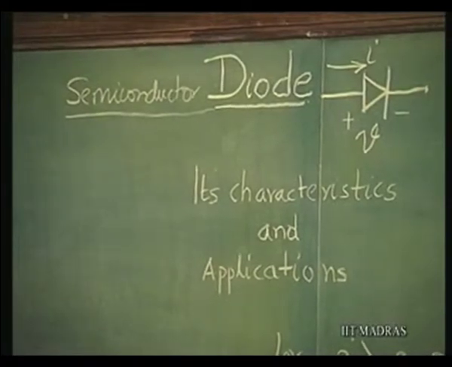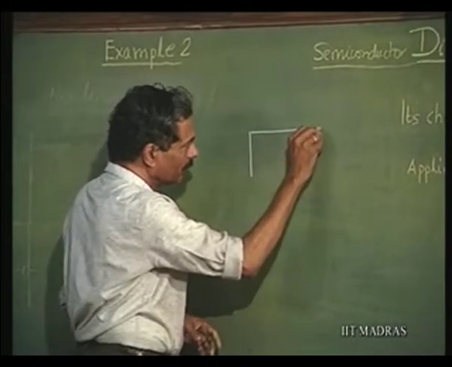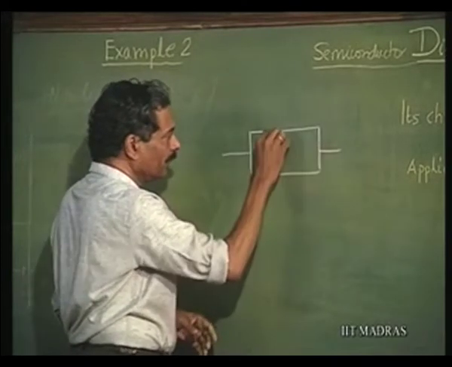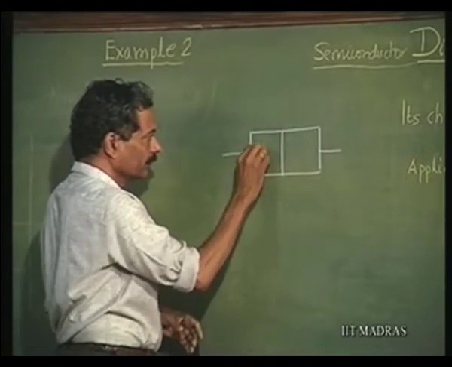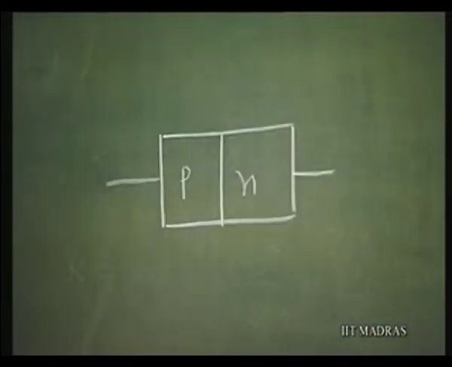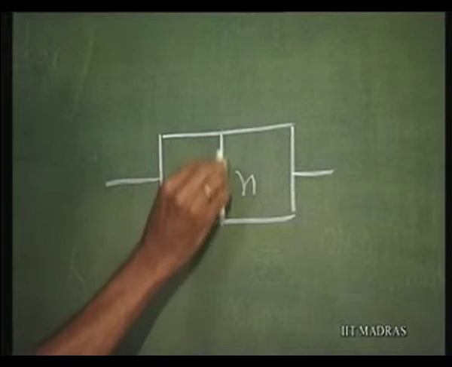So, what is a semiconductor diode? We have what is called a p-n junction, a p-type semiconductor and n-type semiconductor joined together to formulate a p-n junction here.